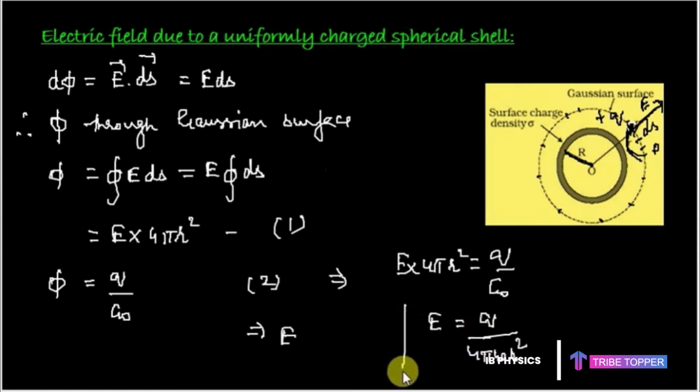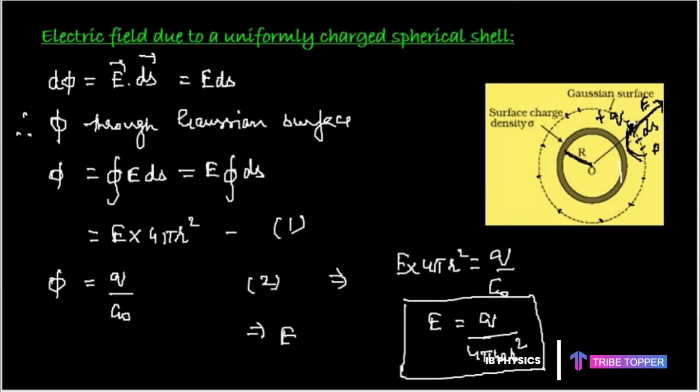So we got the electric field at any point outside a charged spherical shell, and the field is due to that charged spherical shell. Now this is very clear that it varies inversely as the square of the distance of the observation point from the center of the shell. If now I replace this small r with capital R, that means if I want to find the electric field on the surface of the charged spherical shell, then what would I get?